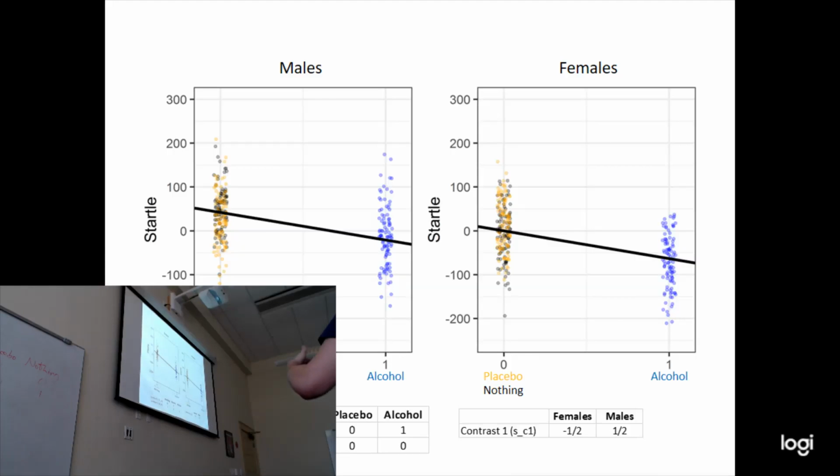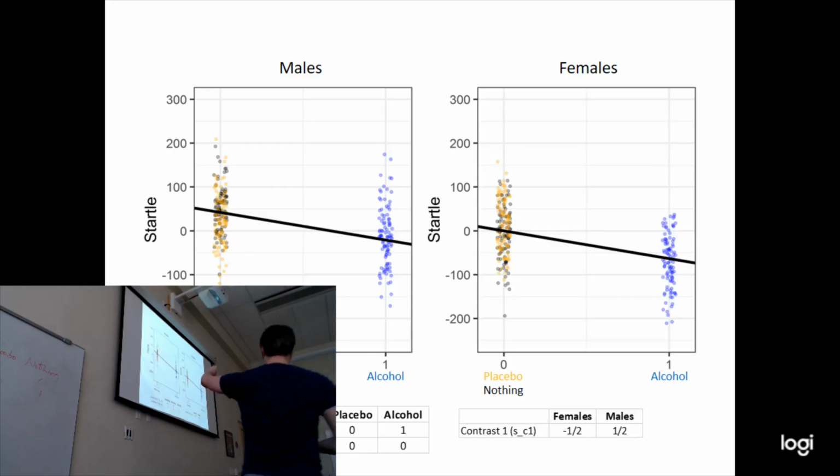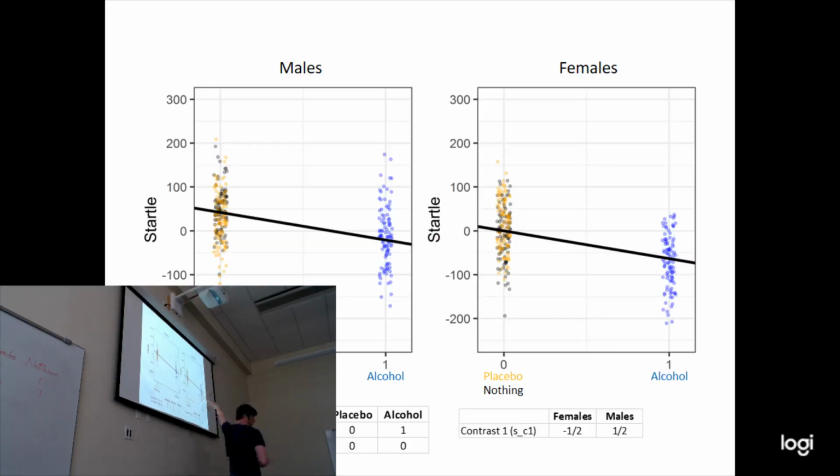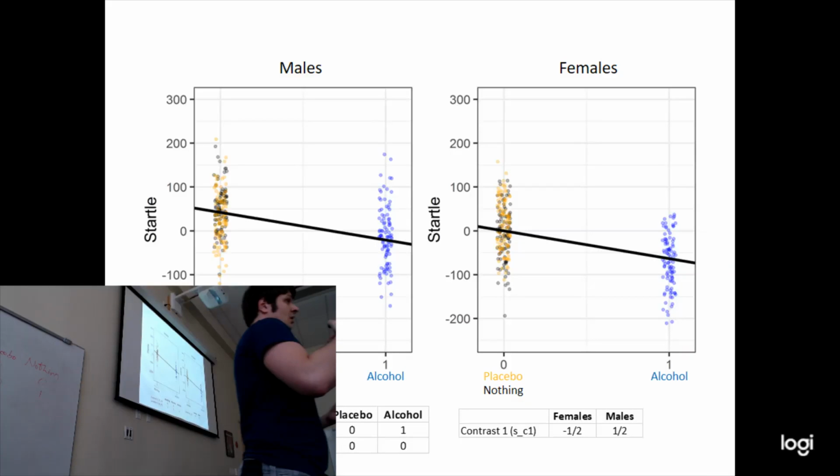So just as I found separate prediction lines for mean baseline startle, mean +1, mean -1, in exactly the same way, I can plot 2 prediction lines, one for males and one for females. Notice how each prediction line has the same slope. The lines are just slightly offset from each other. You can't see it here, but basically the intercepts are different. Same slopes, different intercepts.